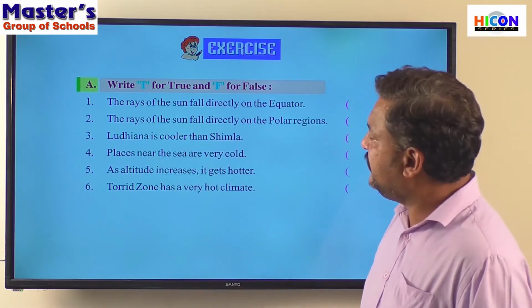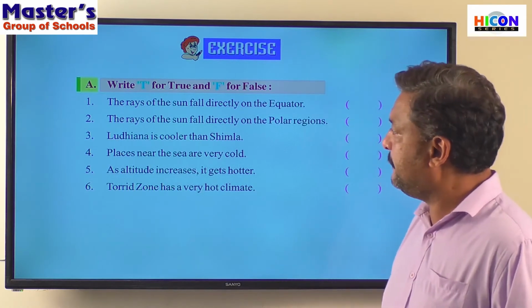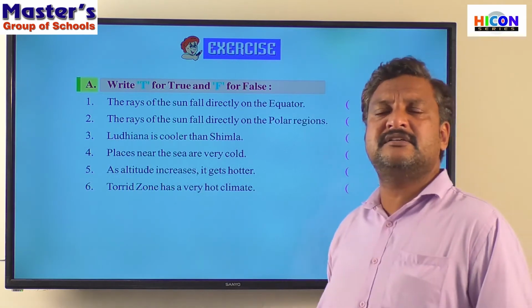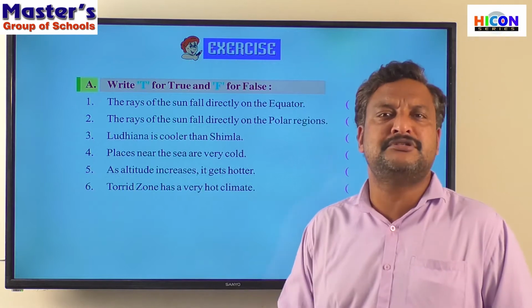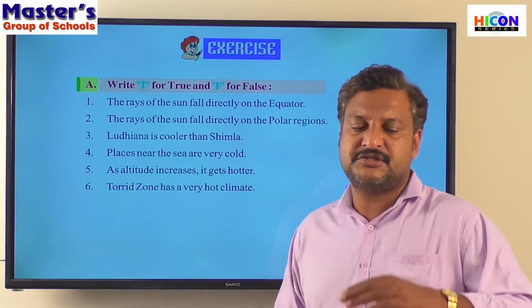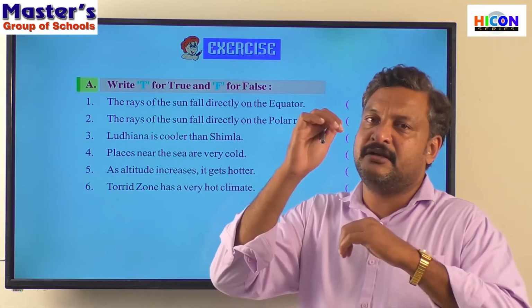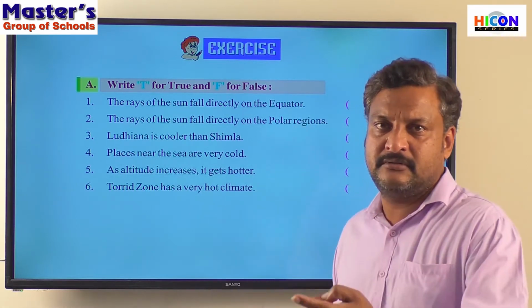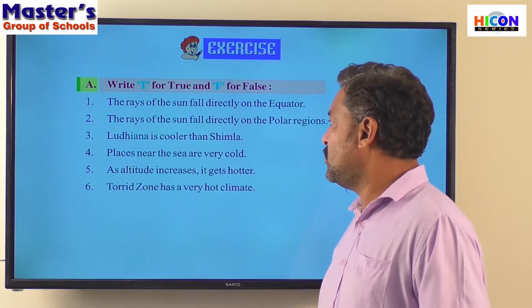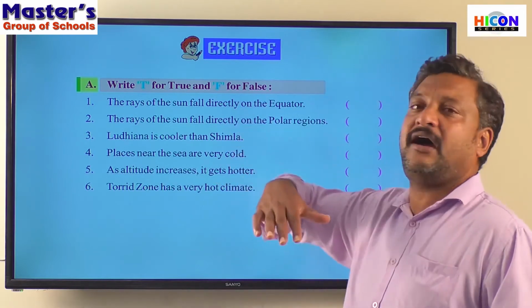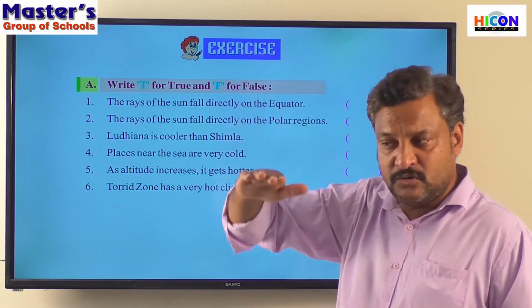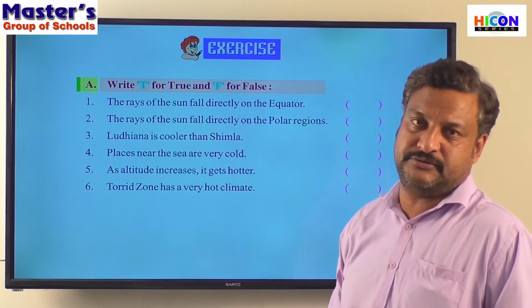Ludhiana is cooler than Shimla. Ludhiana is a place which is actually located in Punjab, isn't it? Above Punjab we have Haryana, Himachal Pradesh, and Shimla is the capital of Himachal Pradesh. So Shimla is of a higher altitude and Ludhiana is of a lower altitude.